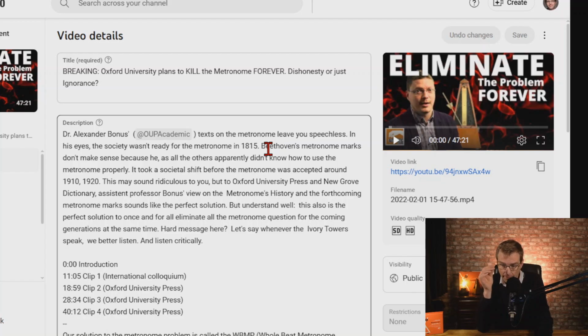But his point is, the metronome was technically so advanced, if I remember well, a few years back, that nobody could use it. It was only around the 20th century that people started to be able to use that. I mean, talking about an empty box, this is even worse than in the case of Nortijn. There is nothing in that box. And as I said here in the description, this leaves you speechless if you hear and listen to what this guy has to say in his interview.